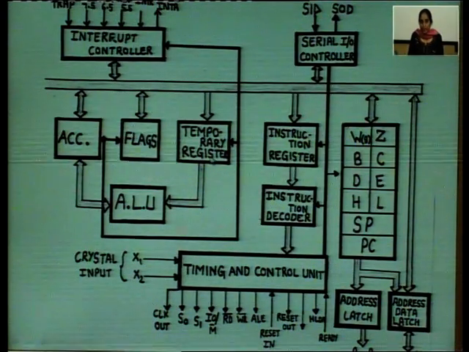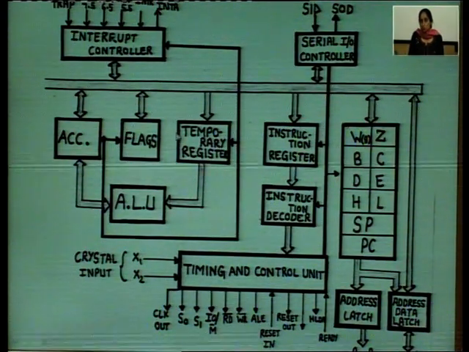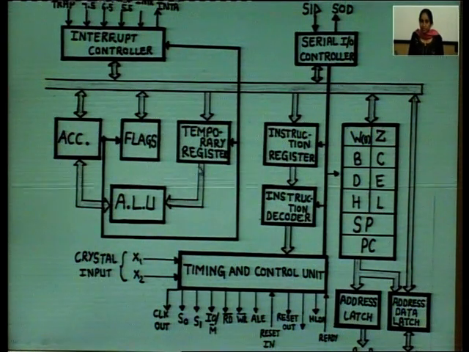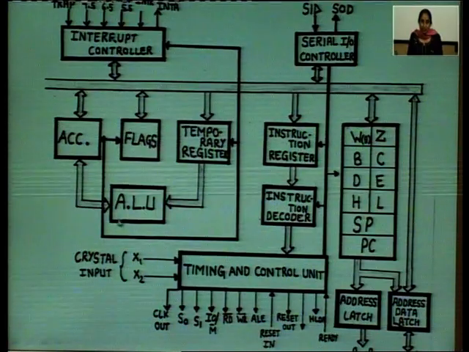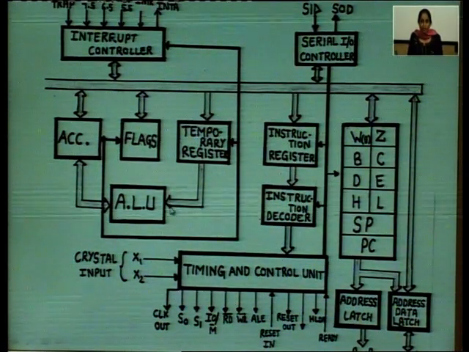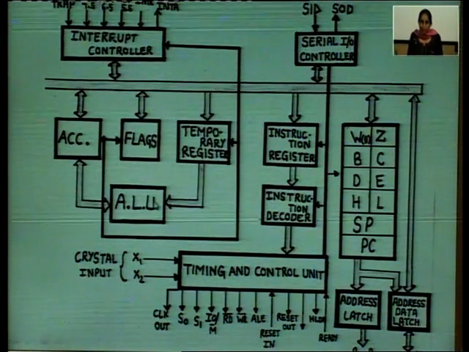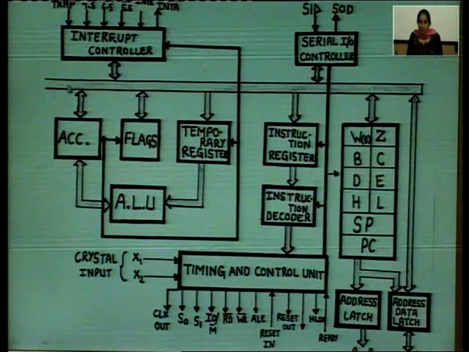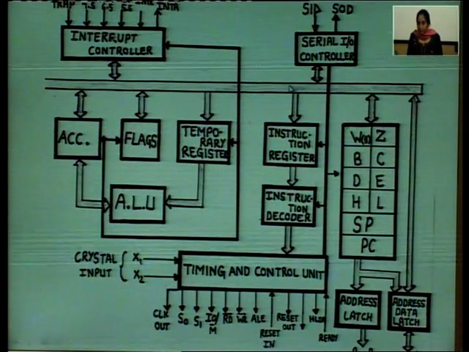Then we have the temporary register. It is used to store intermediate data and intermediate results. Then we have the arithmetic logic unit. In this, various arithmetic and logical operations are performed. This is the internal 8-bit data bus.